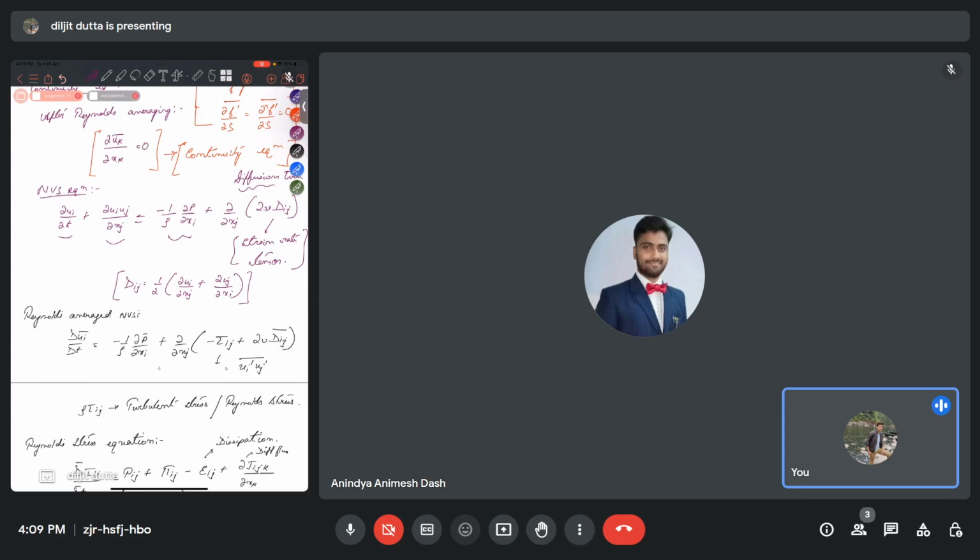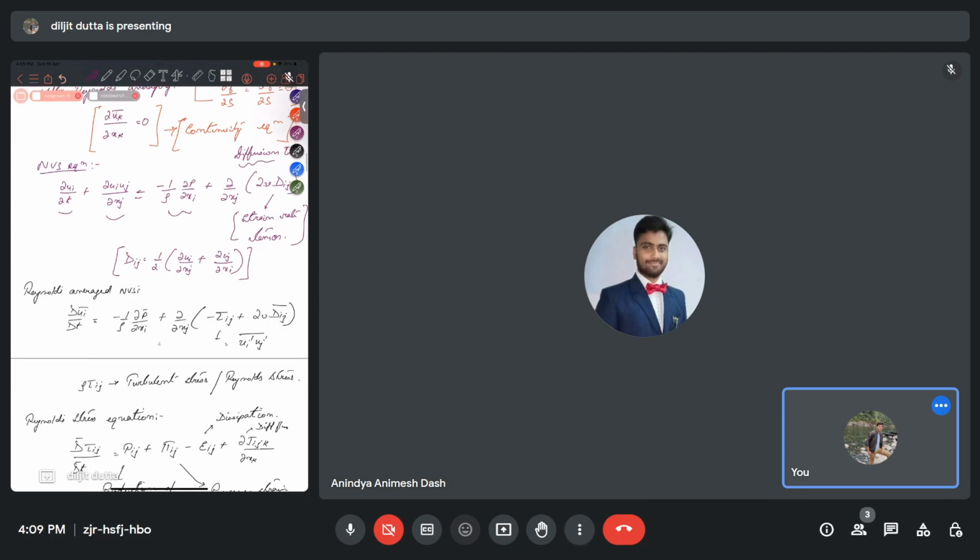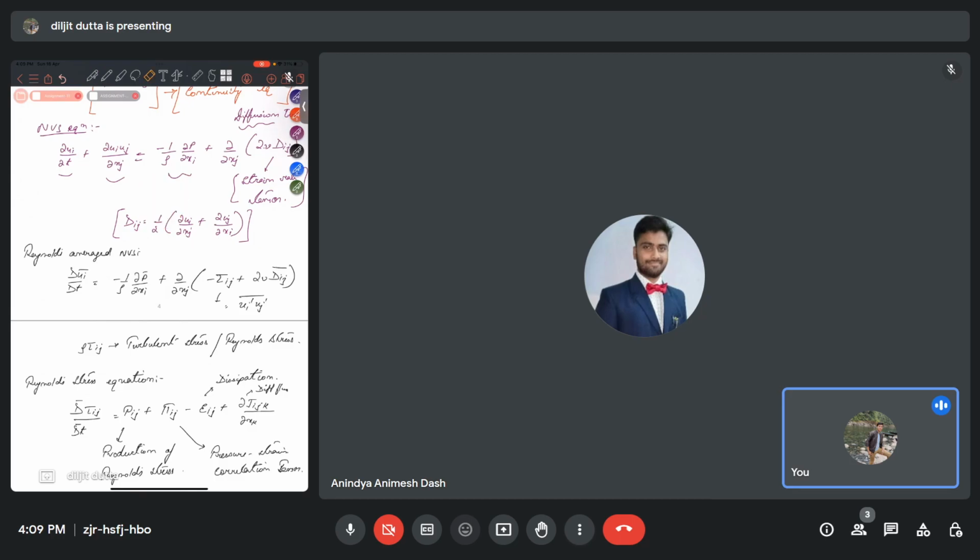So we have these terms for the Navier-Stokes equation, and now if we take the Reynolds average and do the Reynolds decomposition, we will get the Reynolds averaged Navier-Stokes equation. The Reynolds averaged Navier-Stokes equation is with this term, d of ui bar by dt, which is the material derivative of the average velocity.